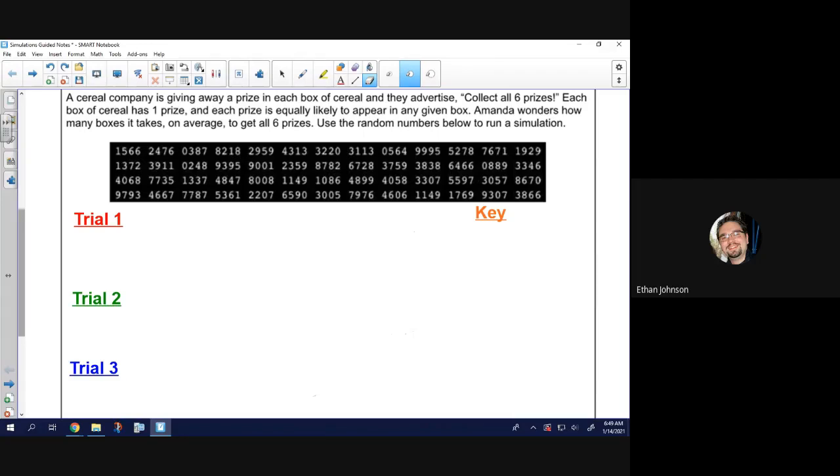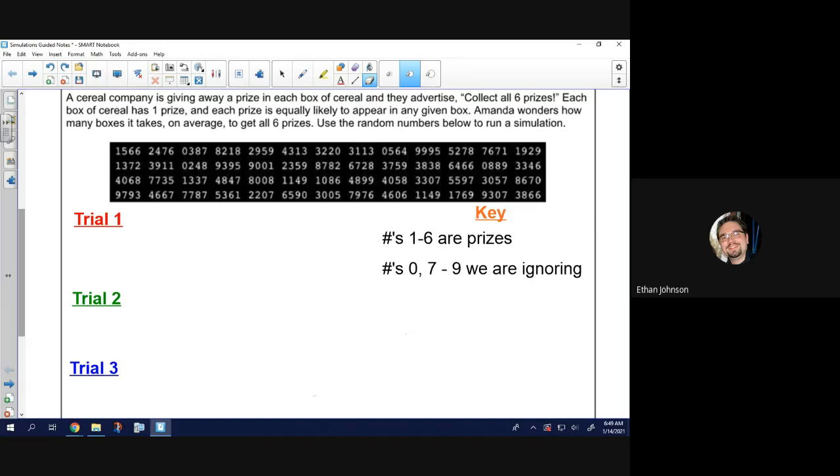So for the key, since there are 6 prizes, let's say the numbers 1 through 6 are prizes. Number 1 is the first prize, 2 is the second prize, 3 is the third prize, and so on, all the way to 6. Meaning the other numbers, so numbers 0, 7 through 9, we're just going to ignore.